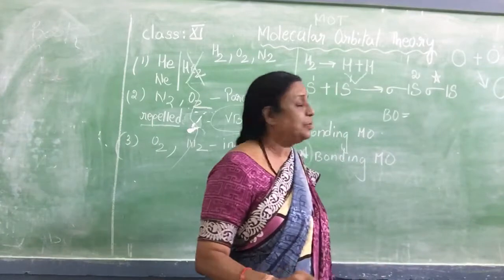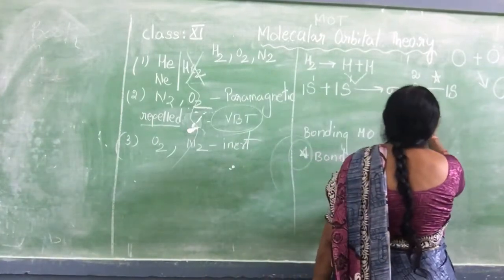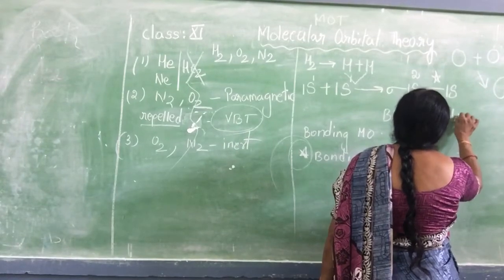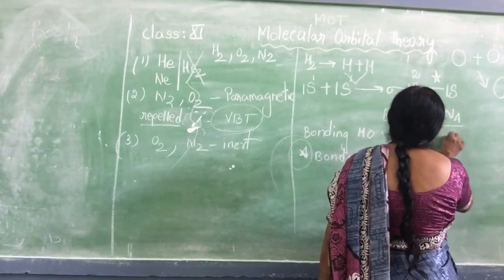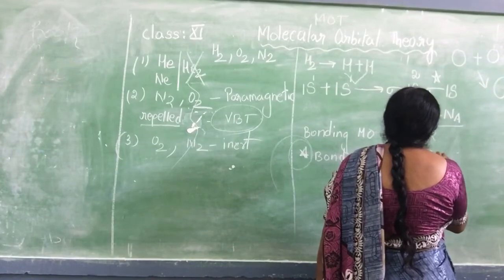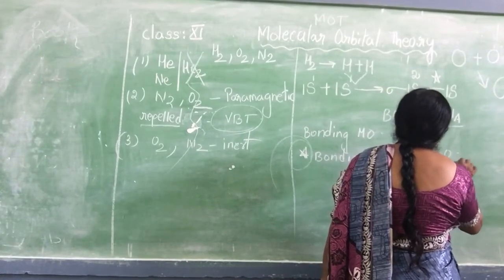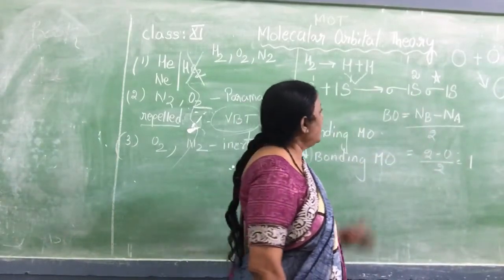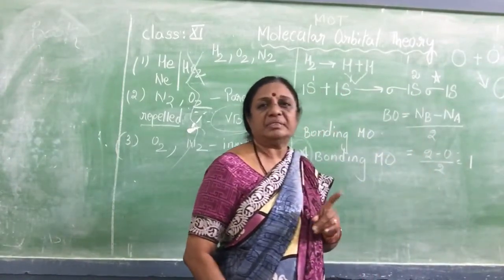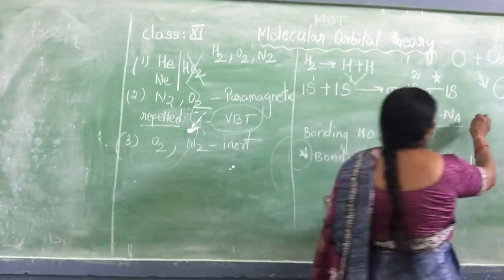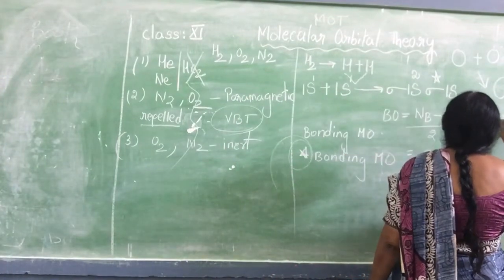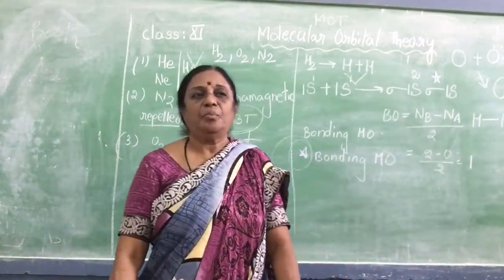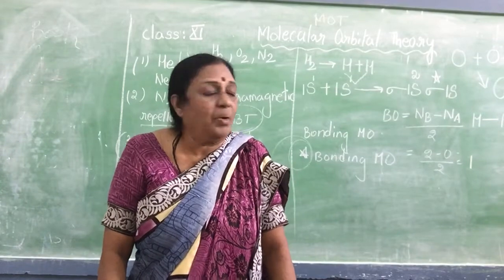Bond order is equal to the number of electrons in the bonding minus the number of electrons in the anti-bonding, divided by 2. So that becomes 2 minus 0 upon 2, which is equal to 1. Since the bond order for hydrogen comes to be 1, the hydrogen molecule has a single covalent bond. It matches with the covalent bond theory.